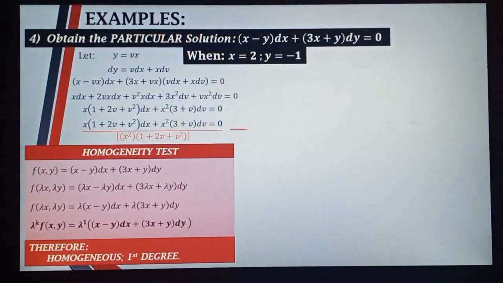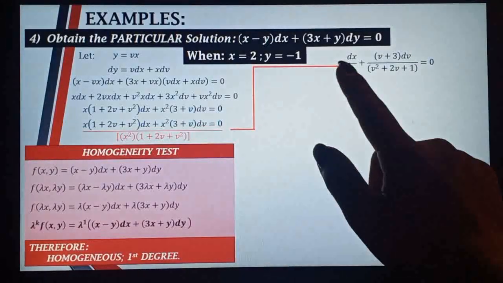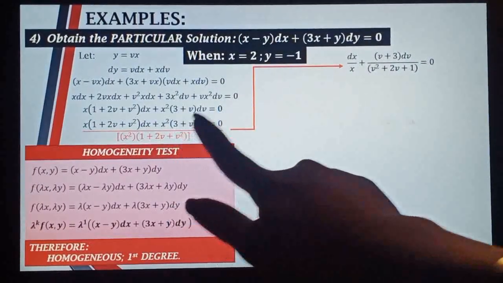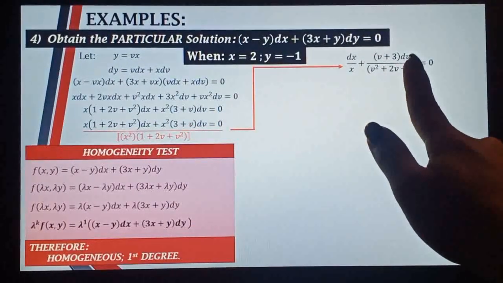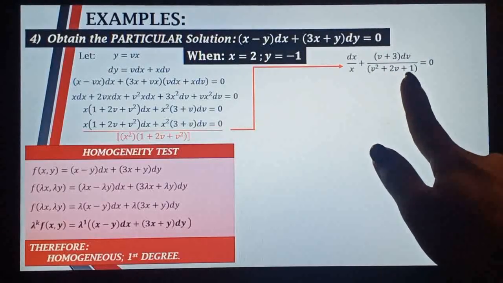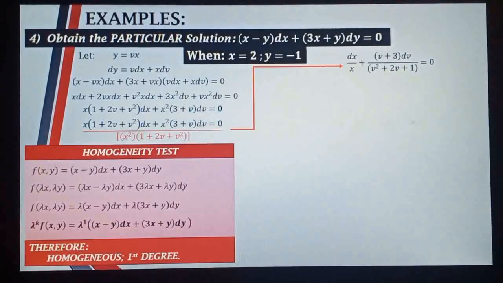So, when we divide, we will now have our new equation as dx over x plus your numerator, which is v plus 3, and your new denominator is v squared plus 2v plus 1. It can be flipped since everything is positive.